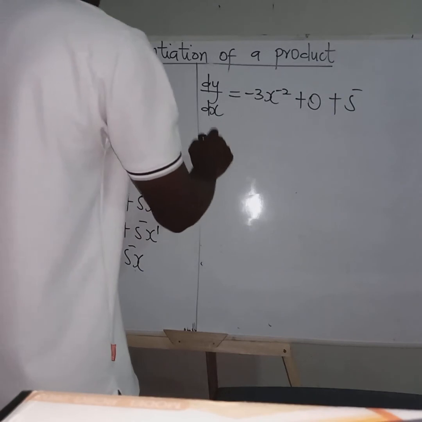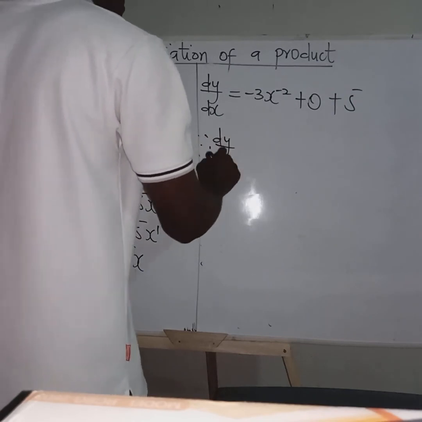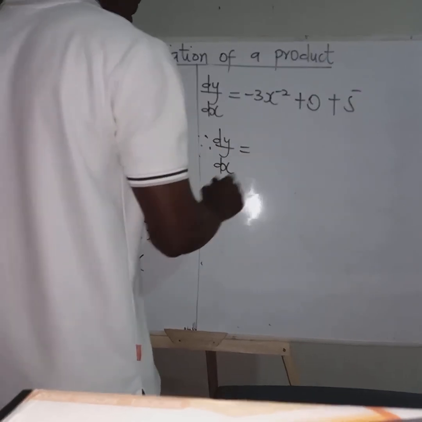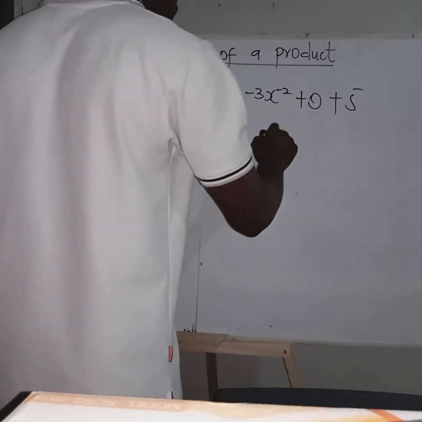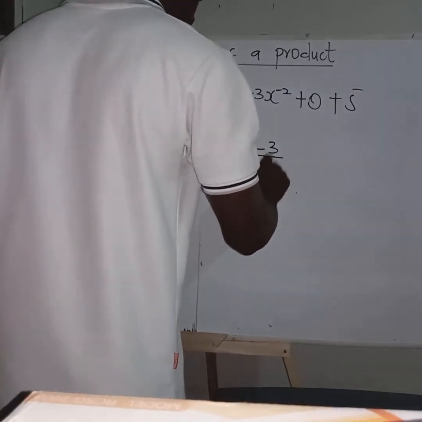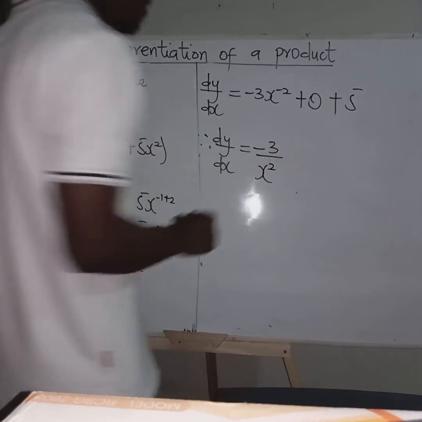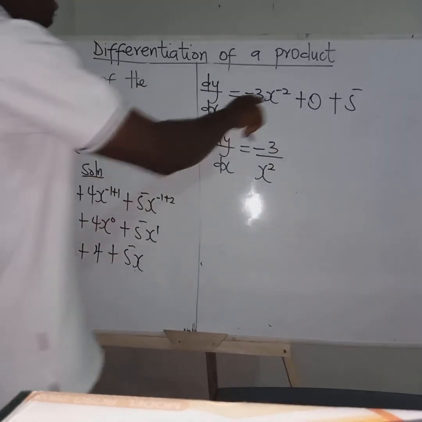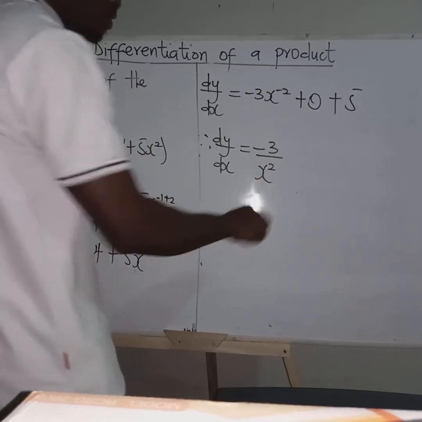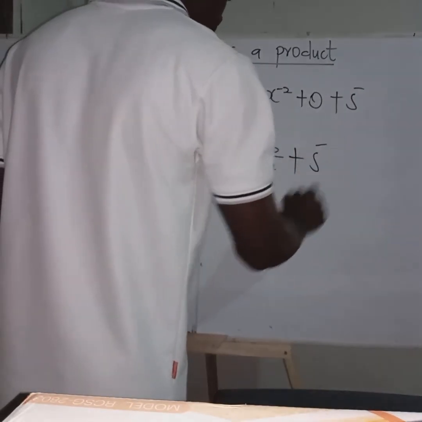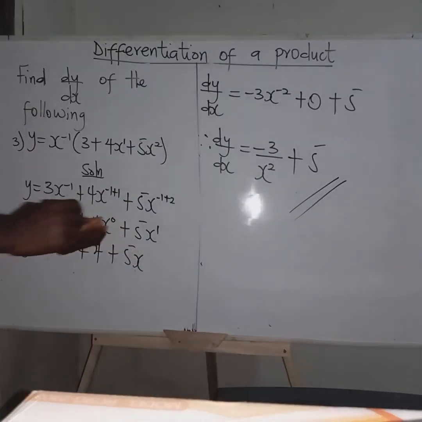So in turn, dy over dx will give us, let's take the reciprocal of this, which will give us negative 3 over x exponent positive 2. The reciprocal of the negative 2 exponent will become positive 2, plus 5. And that would be our final answer.